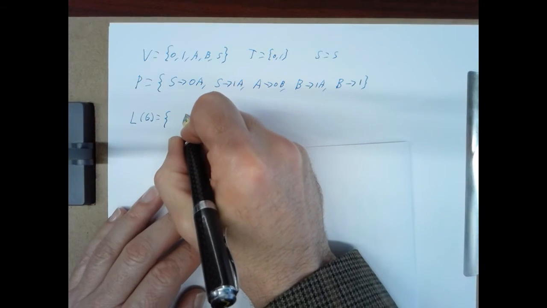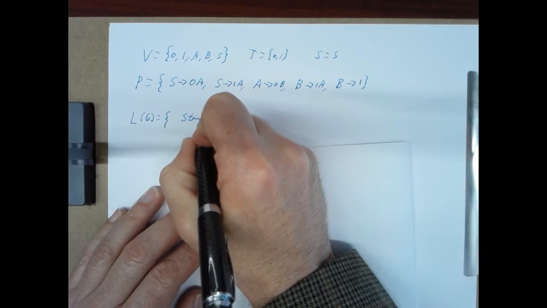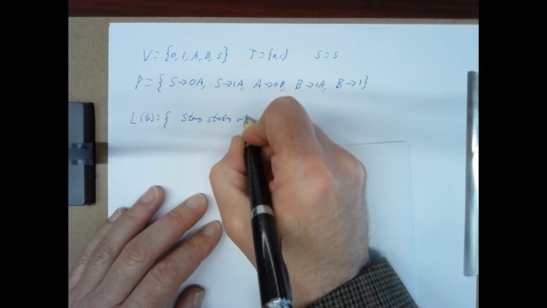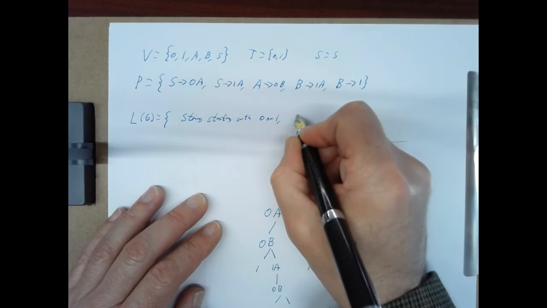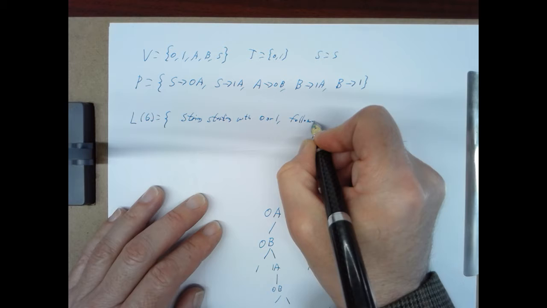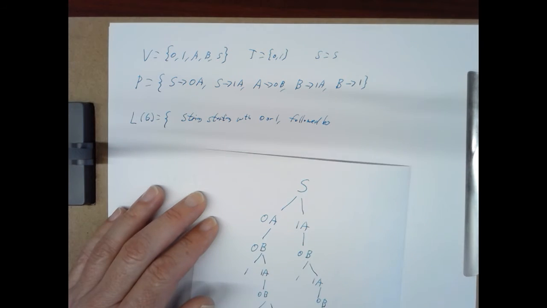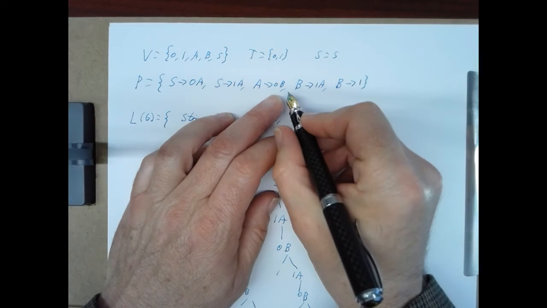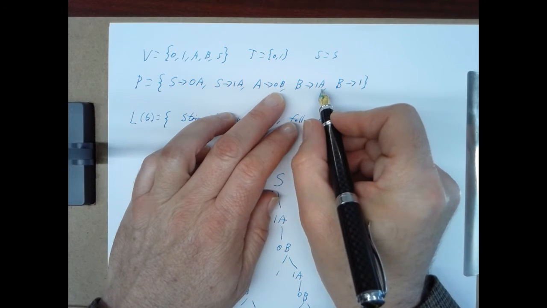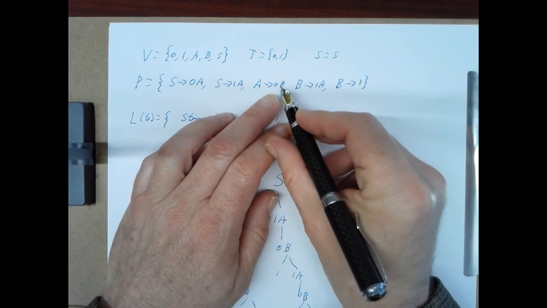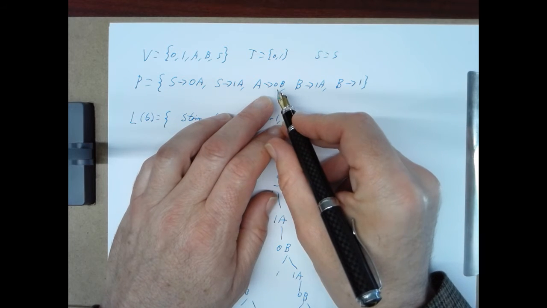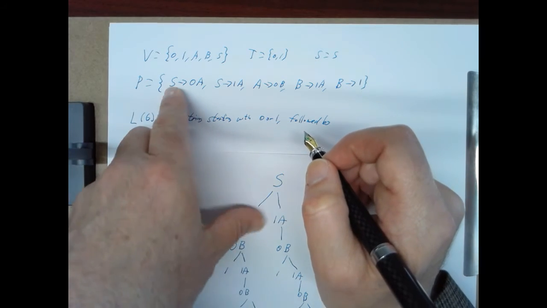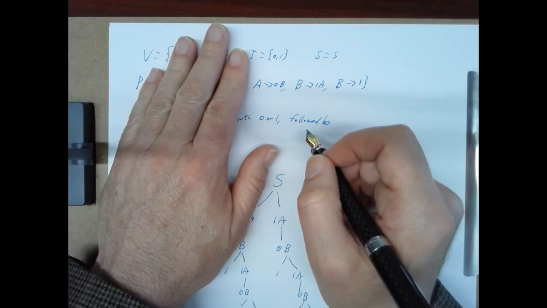So this is a set of strings starting with 0 or 1, followed by, well, it's followed by an A. And what is an A? It's either a 0 followed by a B, which is just a 1, or it's a 0, 1 followed by another A. So when analyzing these, sometimes it's helpful, instead of just trying to figure out what an S is, figure out what an A is, right?